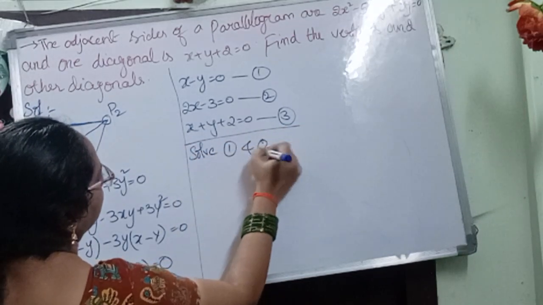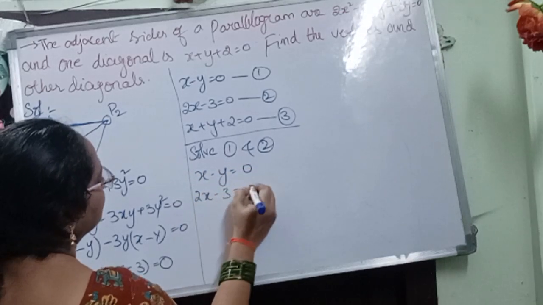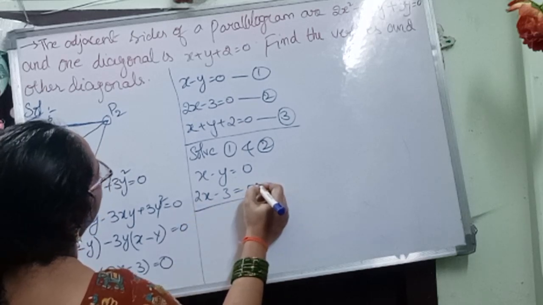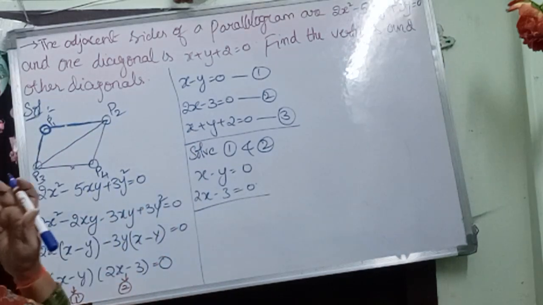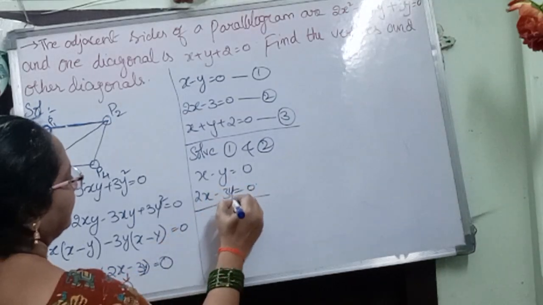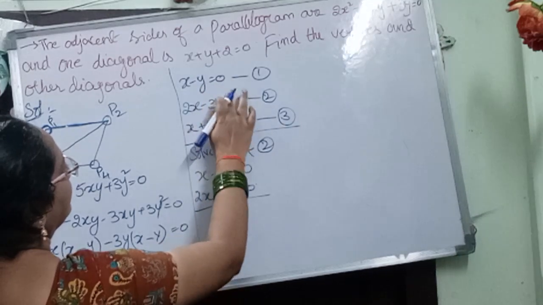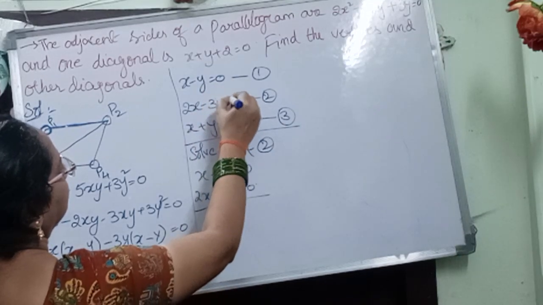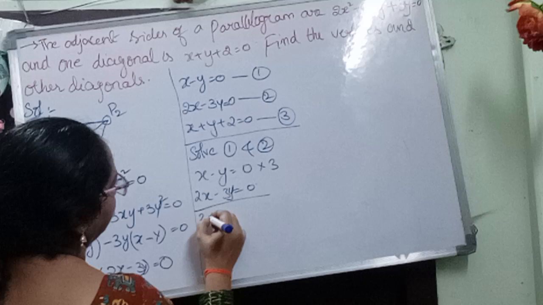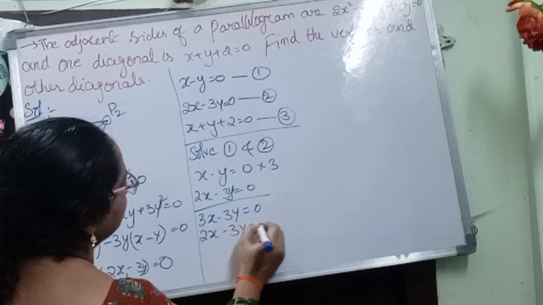Solve 1 and 2. x - y = 0 and 2x - 3y = 0. Multiply the first by 3: 3x - 3y = 0, and 2x - 3y = 0.